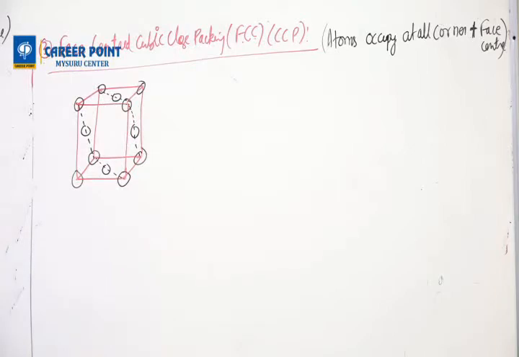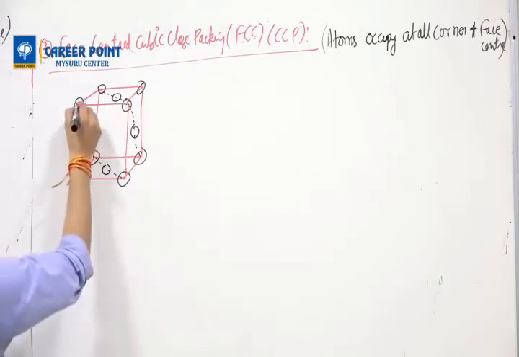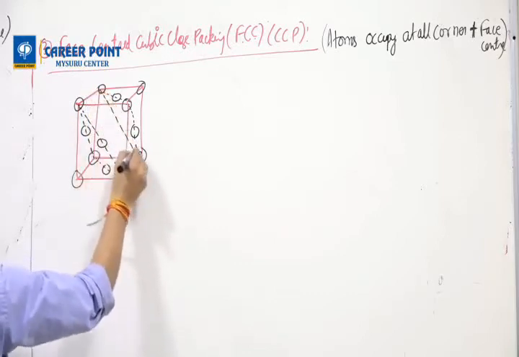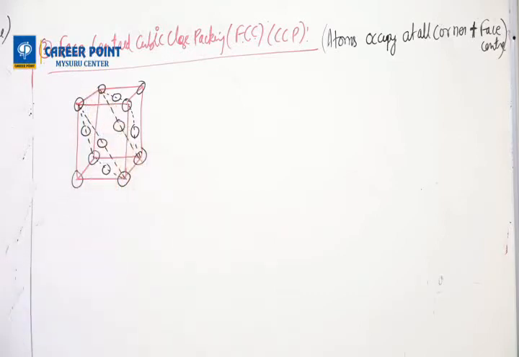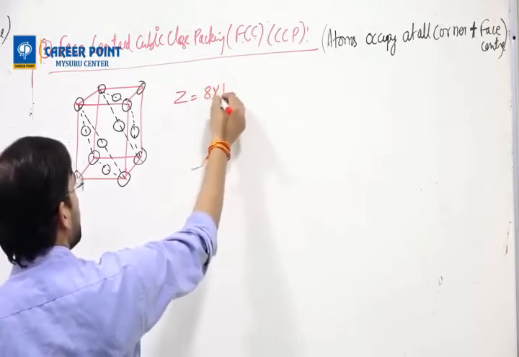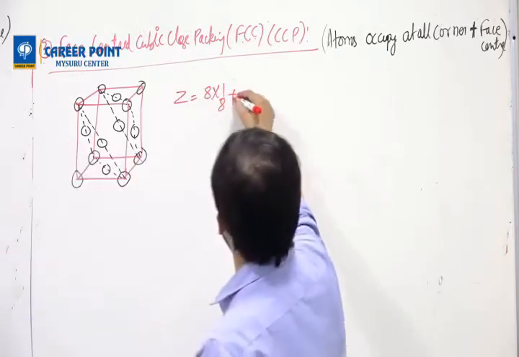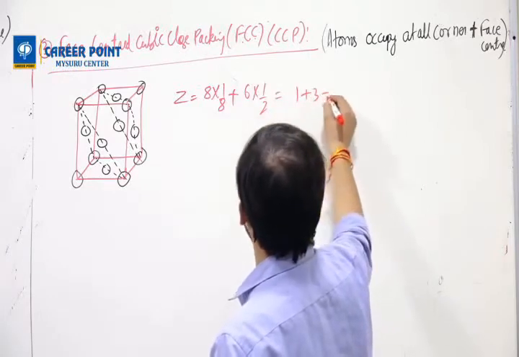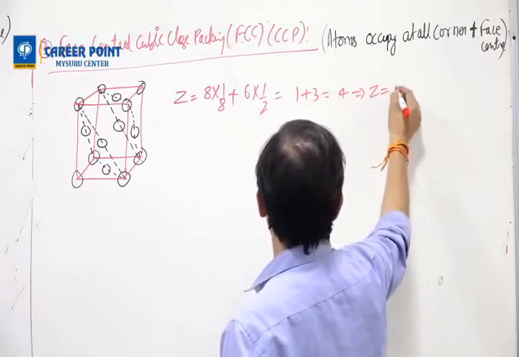I have drawn 4 face centers. I will draw 2 more. Now I have drawn 6 face centers and 8 corners. Next thing is Z: 8 into 1 by 8 plus 6 into 1 by 2, which is 1 plus 3, 4. So Z equals 4.